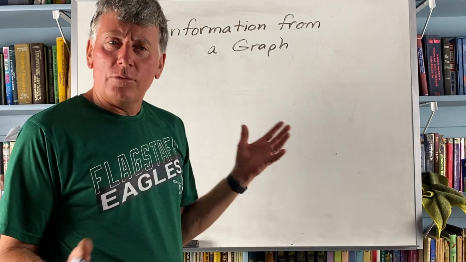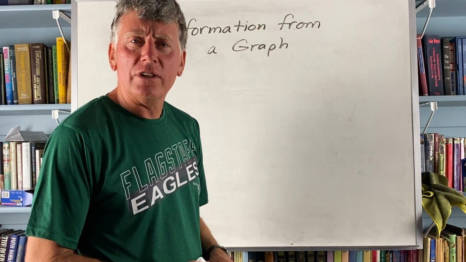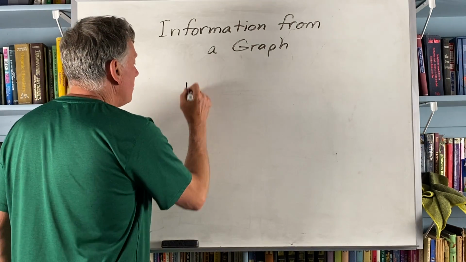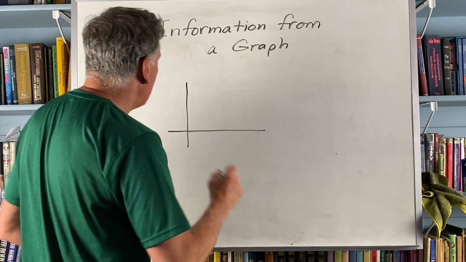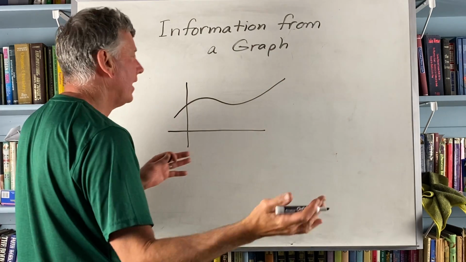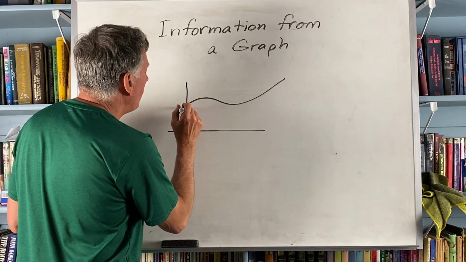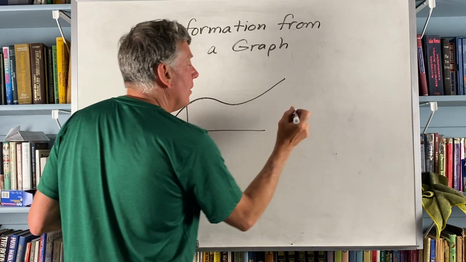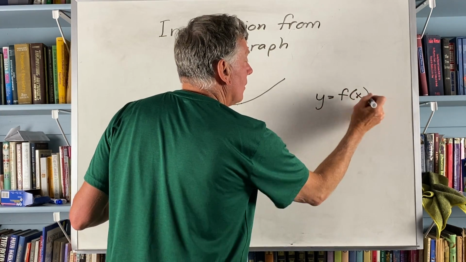Right now, we're going to talk about information that we can get from the graph of a function. Let's suppose here is our coordinate axis that you've seen before, and here is my line of my graph, whatever it is. These points all represent points that satisfy the function y equals f of x.